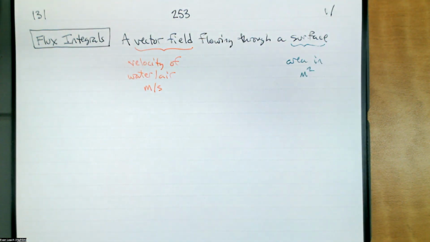So at each point, we're looking at how fast the water is going through how big of a space. And when we multiply these two things, we get the flow in volume per unit time. So the dot product of the vector field through the surface is the flow through the surface.